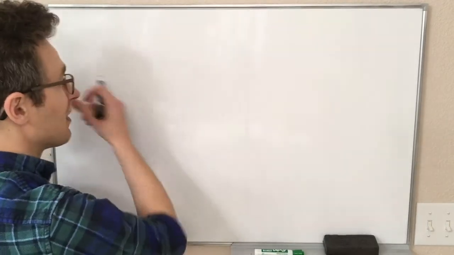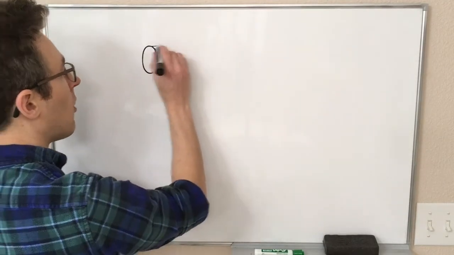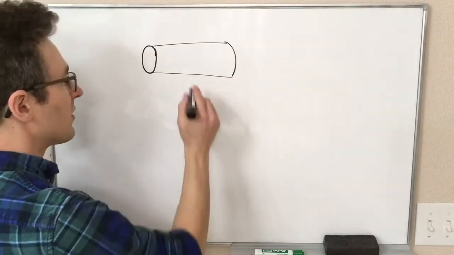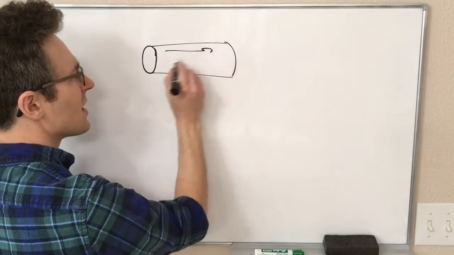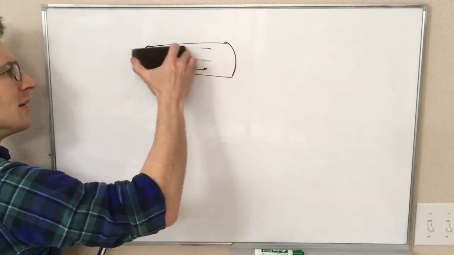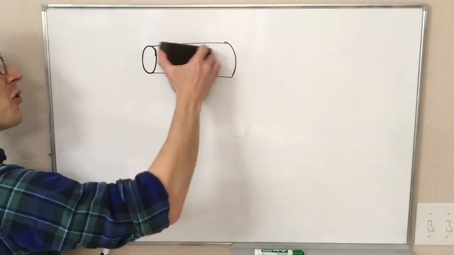So let's imagine that we have some water in a pipe or something, and it's flowing through the pipe. We can think of this as a continuous flow, or we can think about a chunk of the water in the pipe.